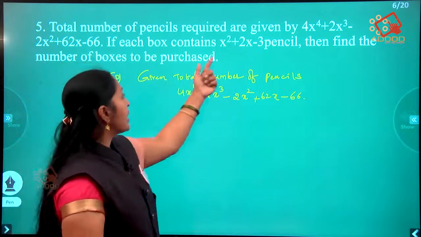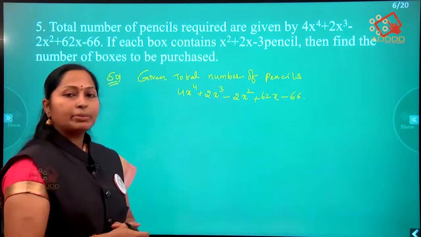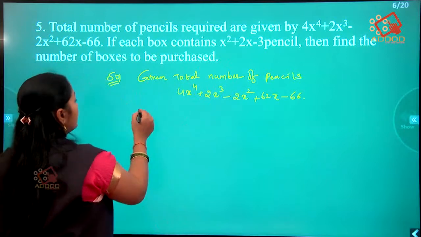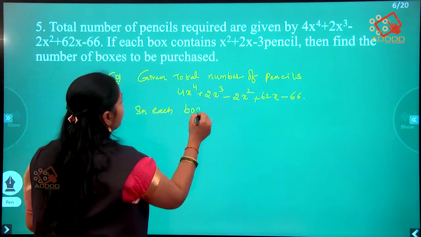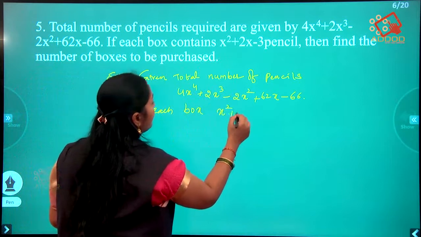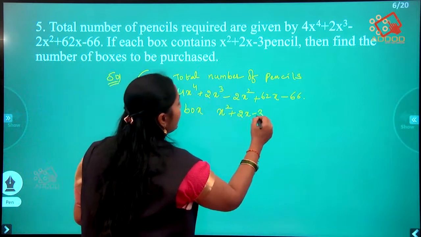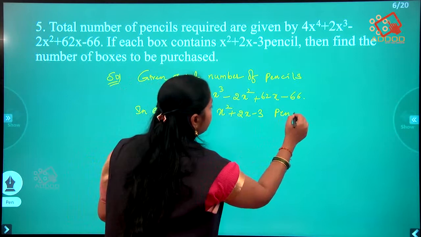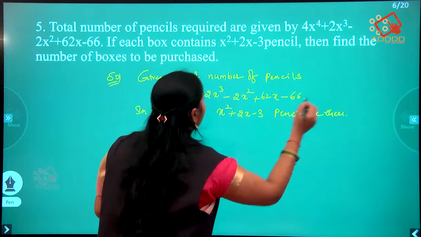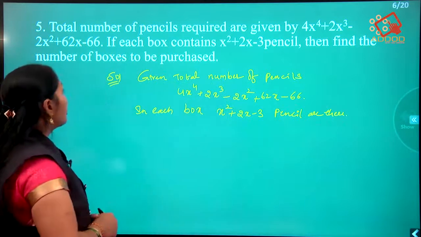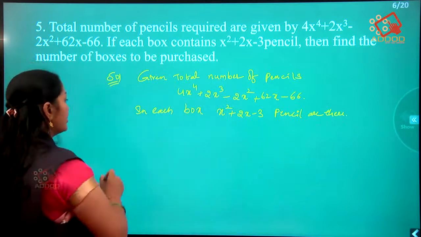In each box x square plus 2x minus 3 pencils are there. Now we need to find the number of boxes to be purchased.